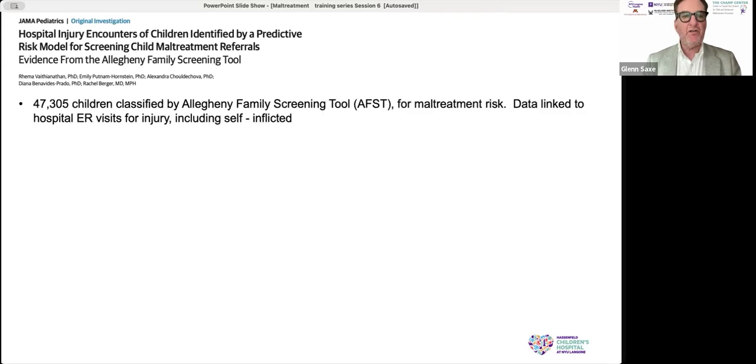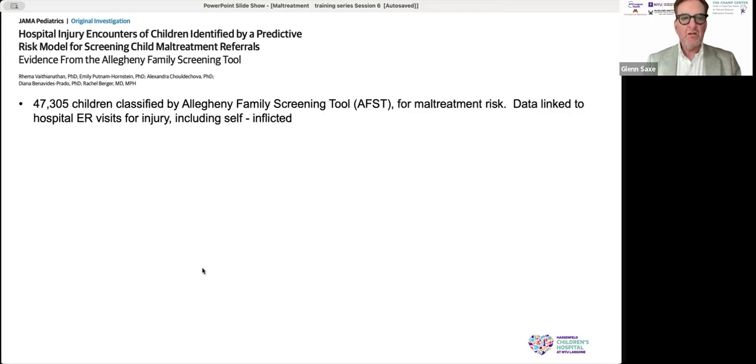It's a study of taking a tool, looking at risk for maltreatment, in a very large data set, and then how that's reflected in emergency room visits for injuries. So how is a tool predicting maltreatment reflected in injuries in youth?